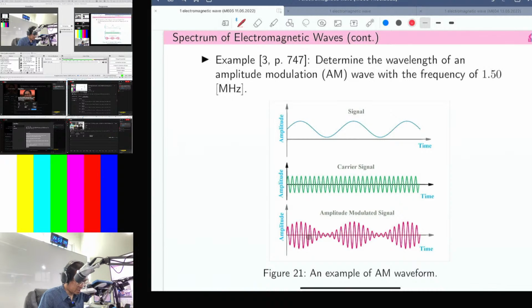Now let's talk about the first or second example, I'm not sure. Here we arrive at the problem of calculating something about lambda, which is the wavelength, and frequency. The formula we need to know is c equals lambda f. And as you know, c is the speed of light, which is around 3 times 10 to the 8, for simplicity at your level, high school level, but actually it's 299 and so on.